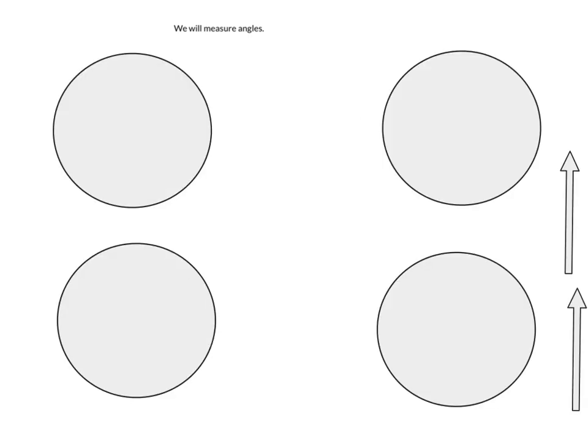Now imagine that this circle is divided into 9 pieces. What would 2 of those pieces, 2/9 of the circle, be? So if we divide 360 by 9, we know that's 40. So 2/9 would be 80 degrees.